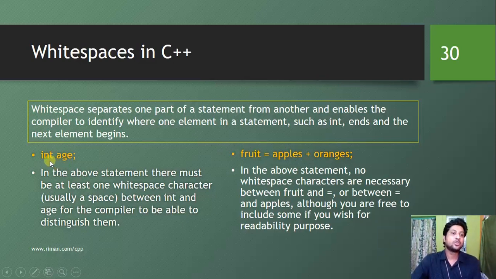But if we don't put any space in int age, it will not be understood by the compiler. So in some cases we need spaces to separate one part of a statement from another, whereas in others we can put them anyway to increase readability.